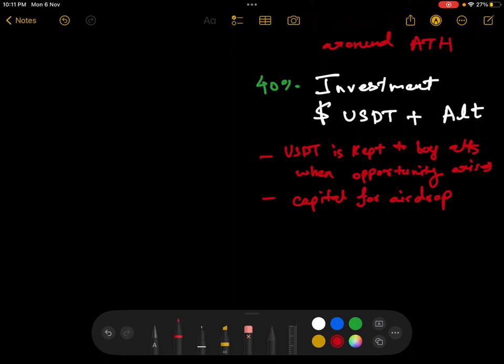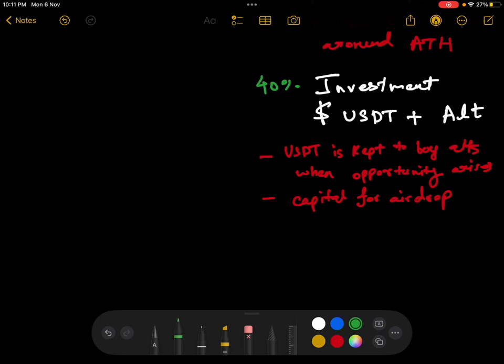The money is not getting spent, but it is needed for creating volume. In the recent SUI campaign, SUI season 2, we needed to borrow and lend SUI in their protocols, and the more SUI you borrow and lend, the more airdrop points you got. So you need volume for that, and for that we need to keep USDT in there.